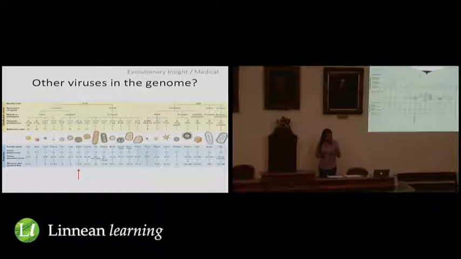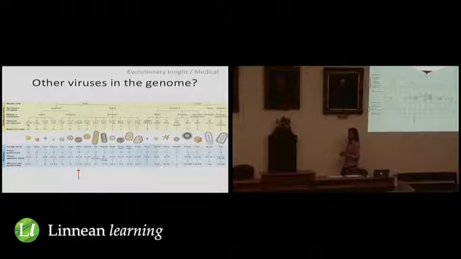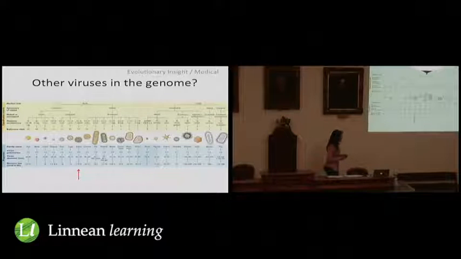Now, up until now, all of the viruses that I've focused on have been the retroviruses, which is indicated by the red arrow here. But with the number of whole genomes that we are getting from various species, one thing that is becoming apparent is that we also have insertions from other members of the viral families.